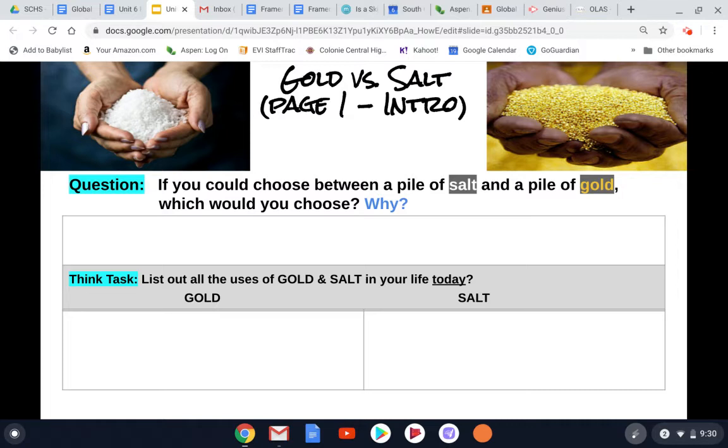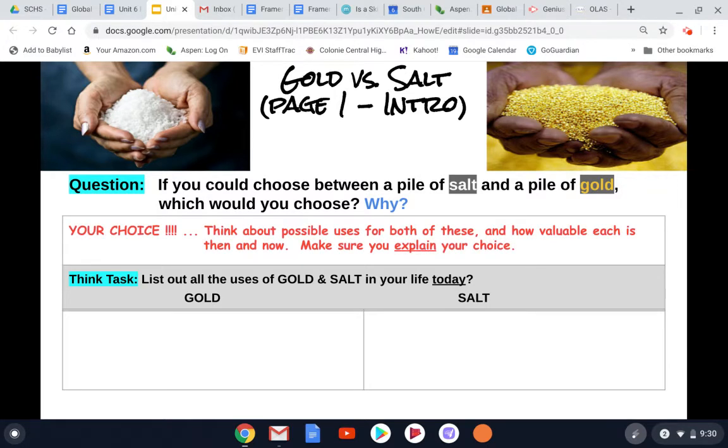Okay, so the first question is just a brainstorming question. Think about today, if you could choose between a pile of salt and a pile of gold, which would you choose and why? So of course, this is an opinion question.